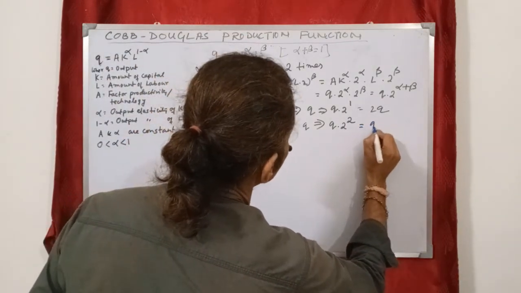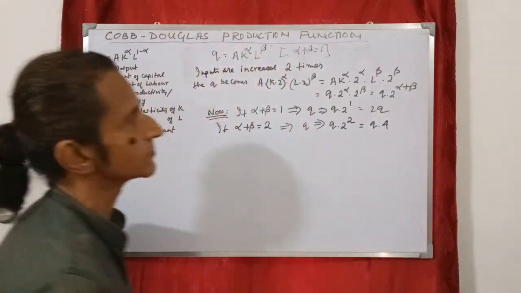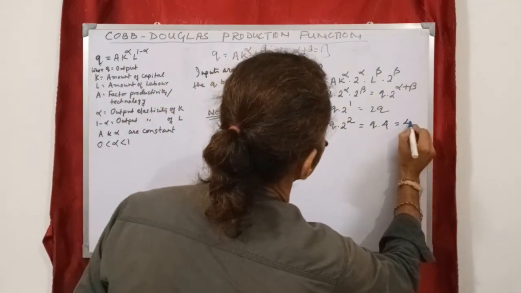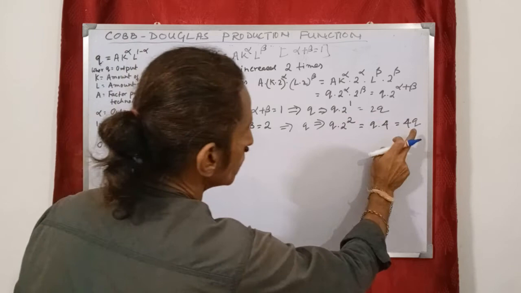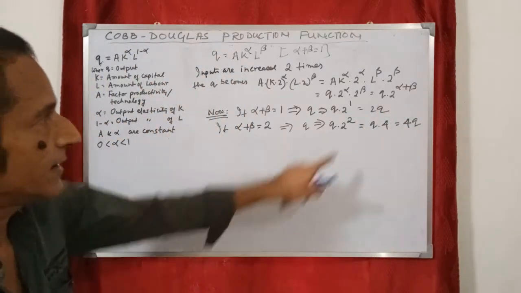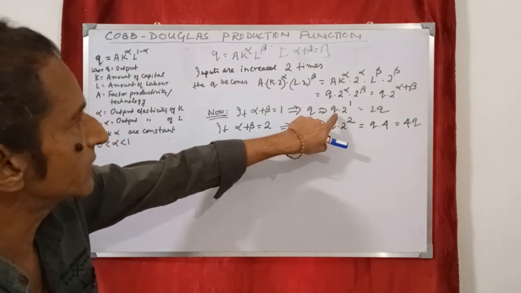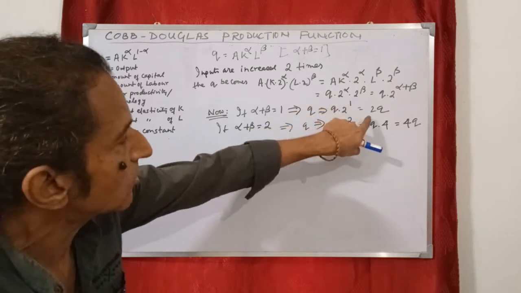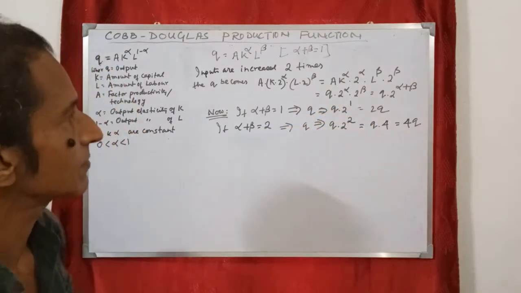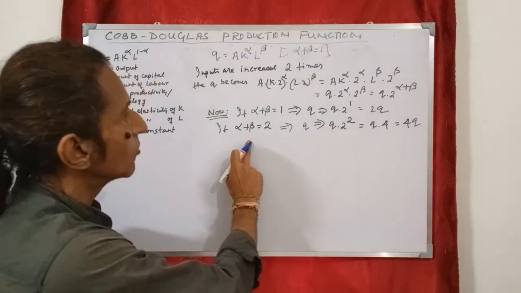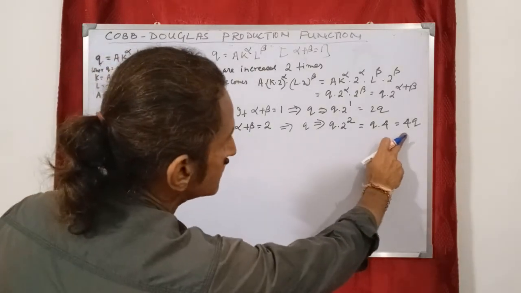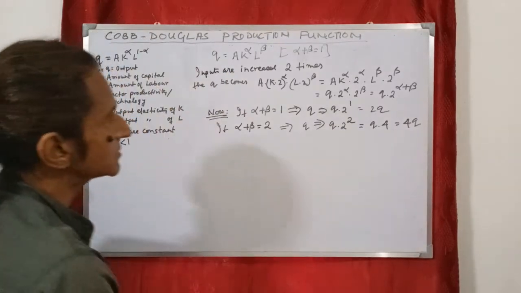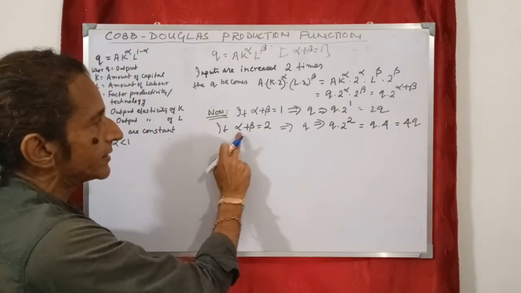This is Q into 4, that is 4Q. Here it was 2Q, here it is 4Q. Earlier, when inputs are increased by 2 times, output also increases by 2 times. Here when inputs are increased by 2 times, output increases by 4 times, because alpha plus beta is greater than 1 and it equals 2.